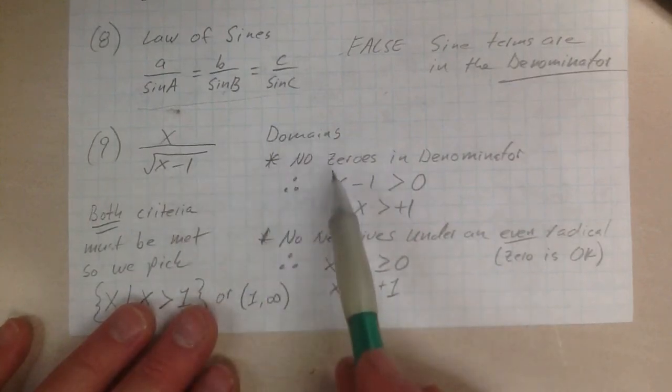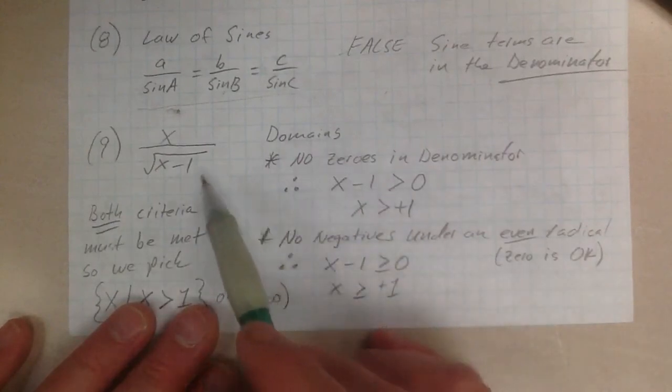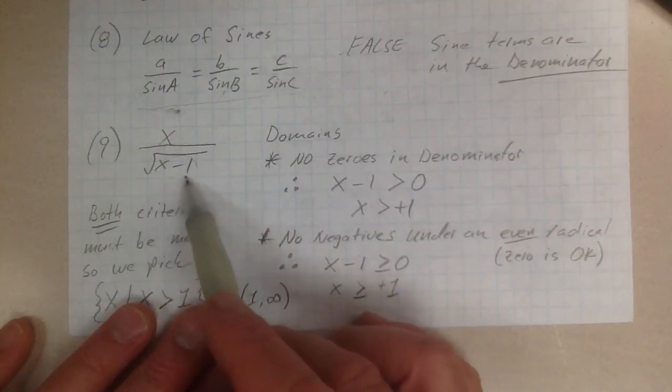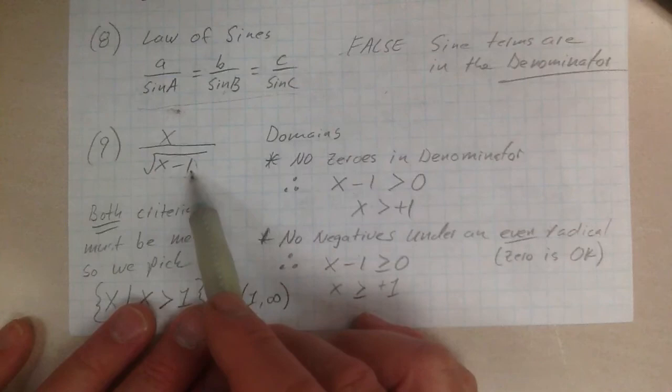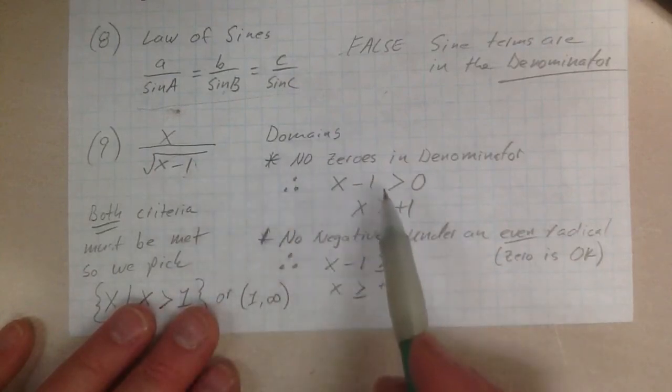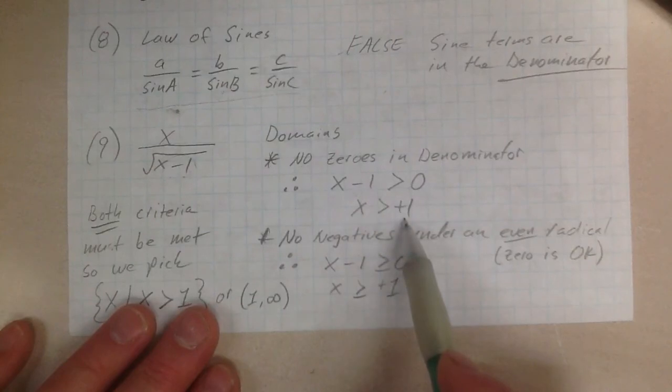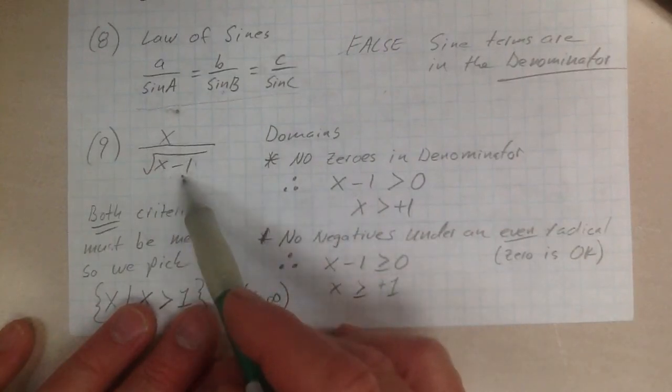First, let me look at no zeros in the denominator. That means x minus 1, this term in here, always has to be greater than 0, because I do not want a 0 in the denominator. So x has to be greater than a positive 1 to keep a 0 out of the denominator.